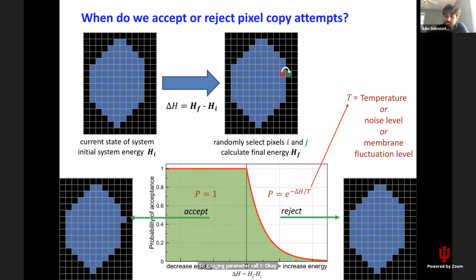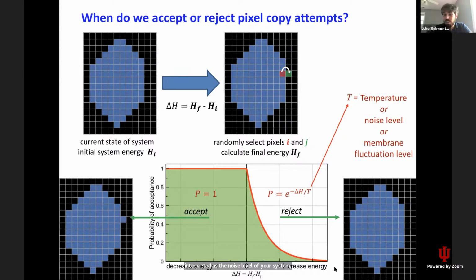Okay, so this T here will define the shape of this curve. If you have a physics background, this is going to be the temperature of your Ising system or Potts system. But in the case of CompuCell simulations, this can be interpreted as the noise level of your system, or the level of membrane fluctuation.